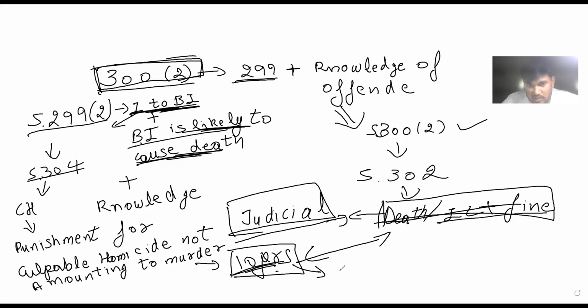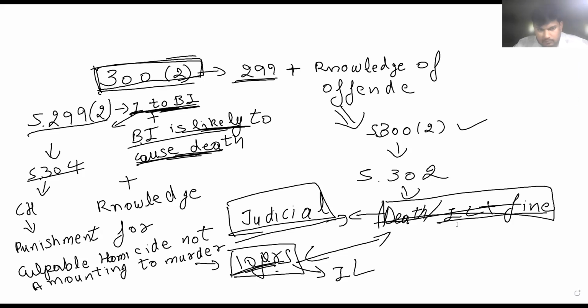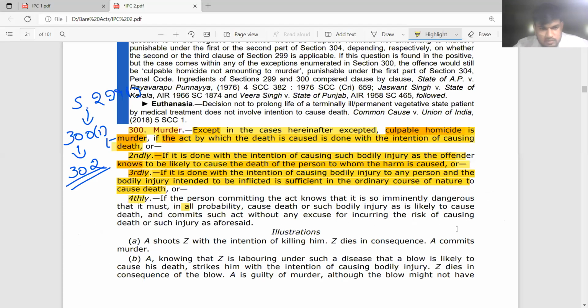But yes, they have mentioned imprisonment for life as well. Okay, let's read section 304 once. We'll come back to thirdly and fourthly. Section 300, thirdly and fourthly are left.